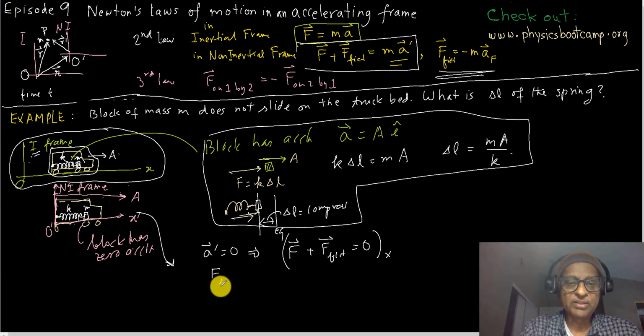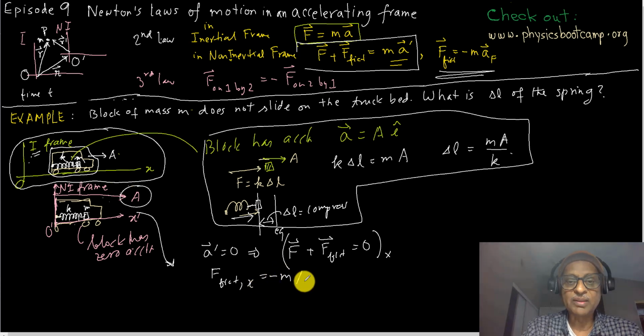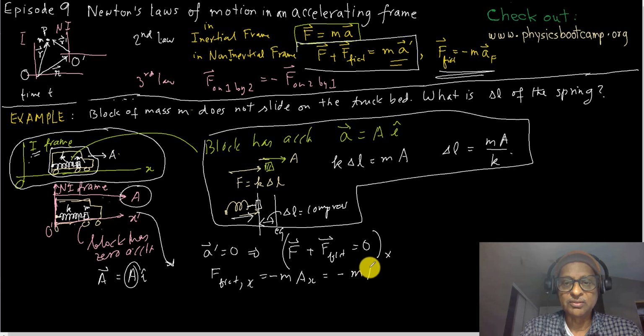So the fictitious force x component is, if this is that way, then the force in the opposite direction is going to be minus m a x component. Now a itself is A i hat, so this is minus mA. So we got the fictitious force.